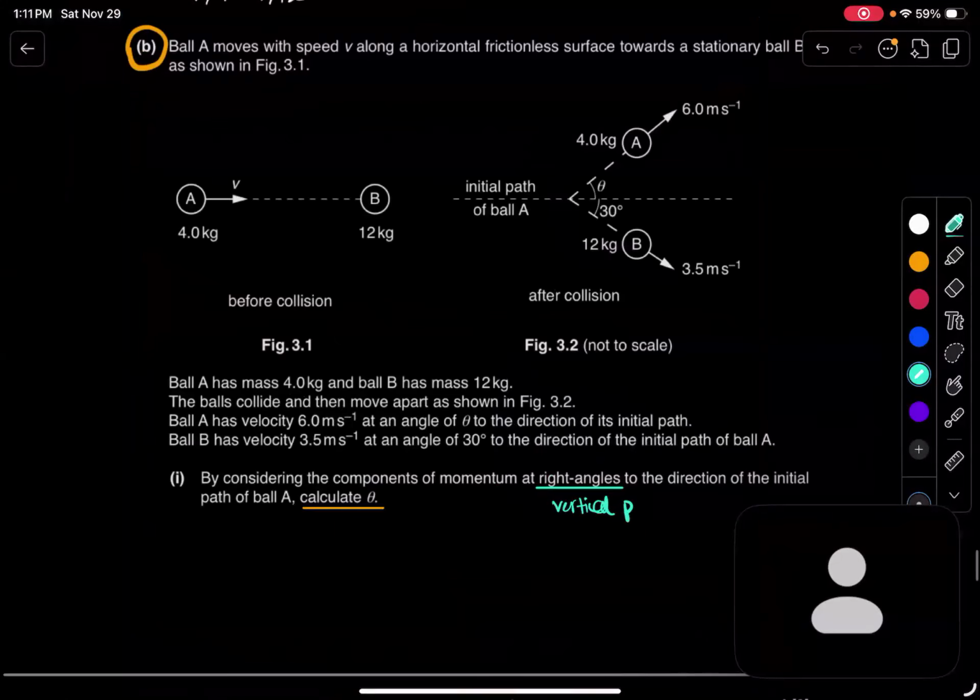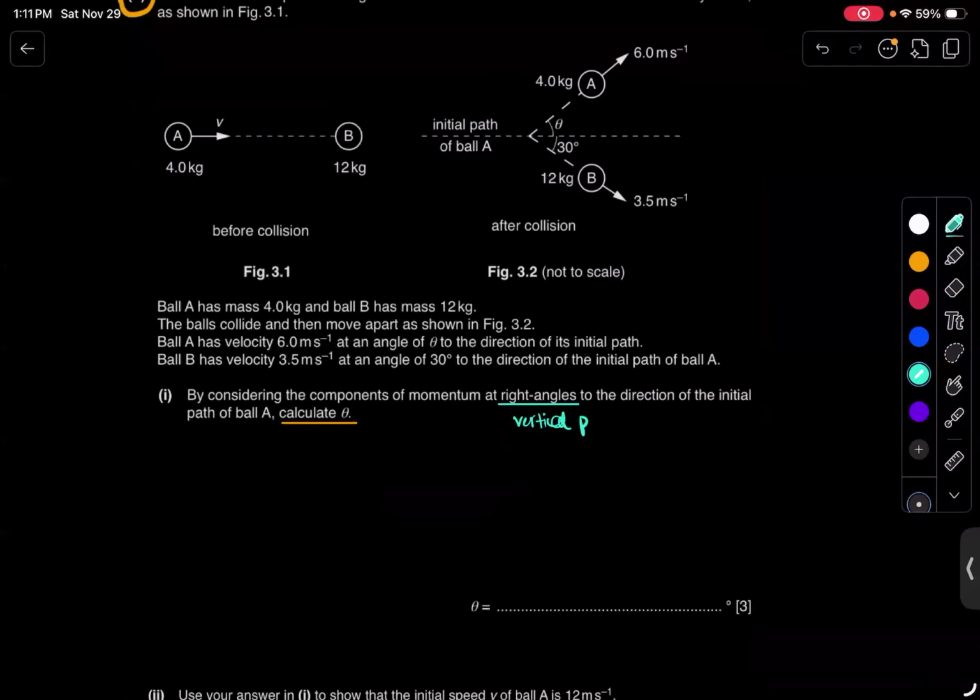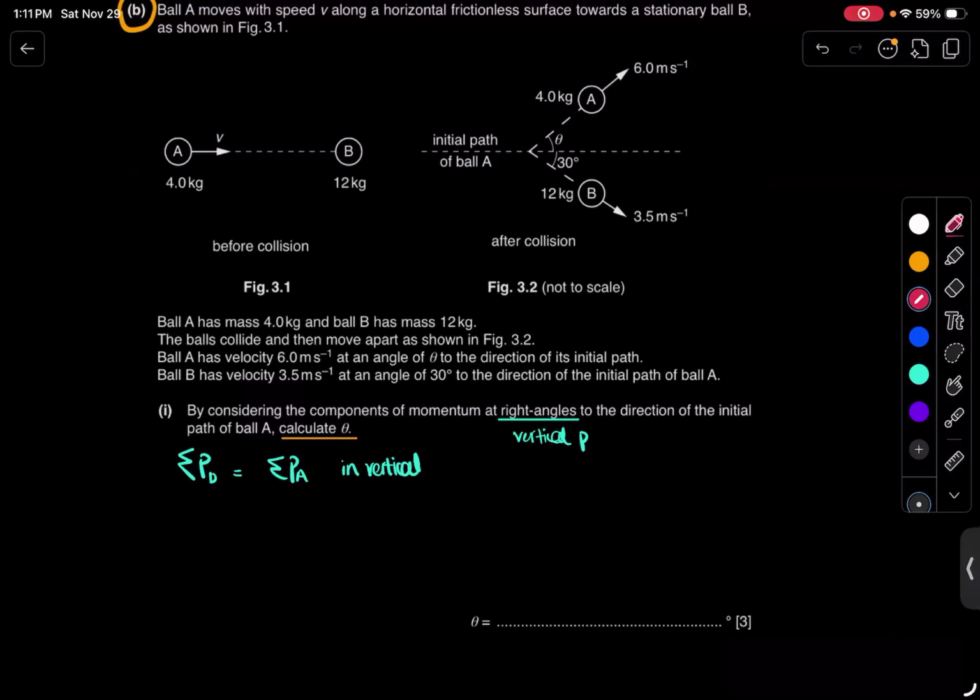Now, that means the sum of momentum before should equal the sum of momentum after, in the vertical direction, and in horizontal as well. But in vertical, it'll become very easy to calculate theta. What is the total vertical momentum before collision?